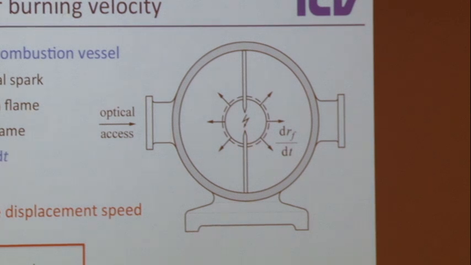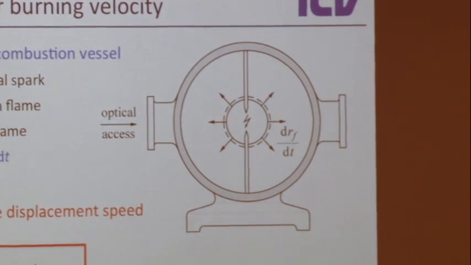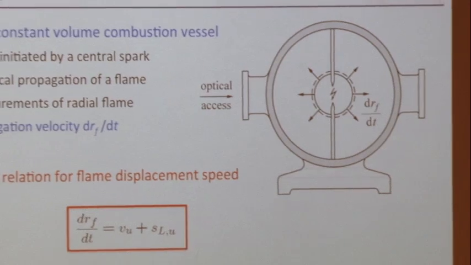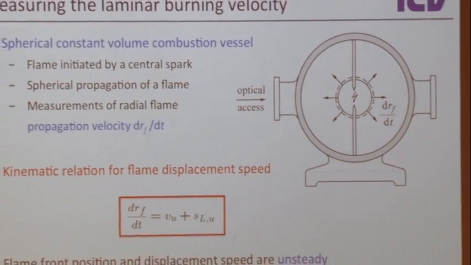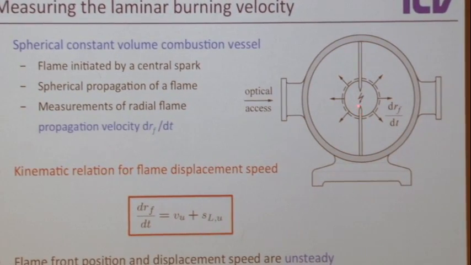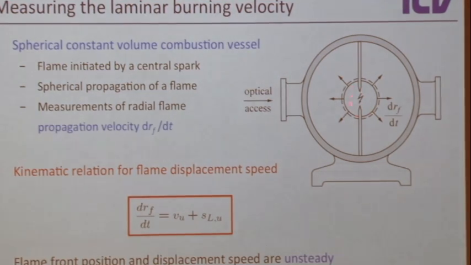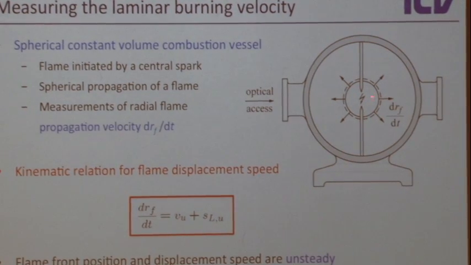Let's say exactly the mixture of fuel and air that you want to know the burning velocity for. So the pressure you're interested in, the temperature, equivalence ratio, everything, dilution, whatever you want. So you spark it here in the center. You initiate a flame, and the flame then moves spherically outwards.